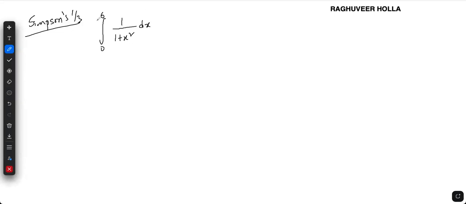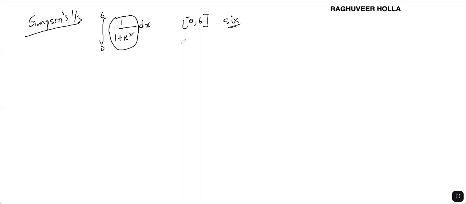This whole thing is your function, and we are dividing this into equal intervals, 0 to 6, into 6 equal parts. Please understand this, into 6 equal parts.